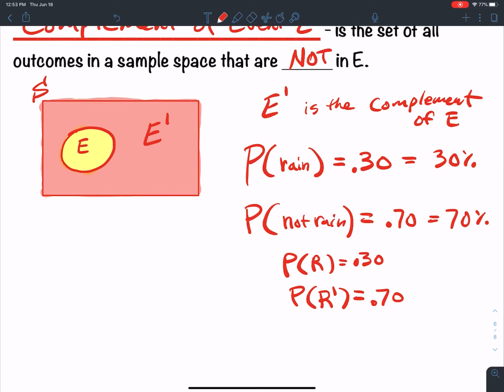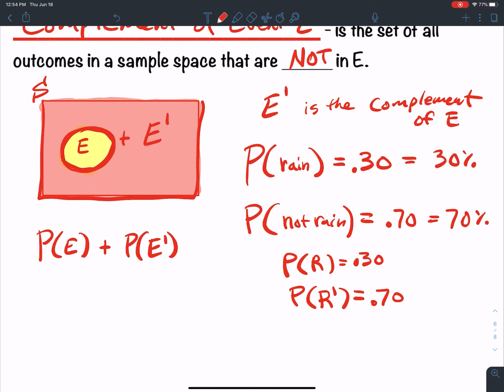Well, if you think about it, everything that is in E, the probability of E, and everything that is not in E, the probability of not E, if I add those two things together, what should it come up to? It should come up to every single possibility, which should equal a total of 100% chance, right?